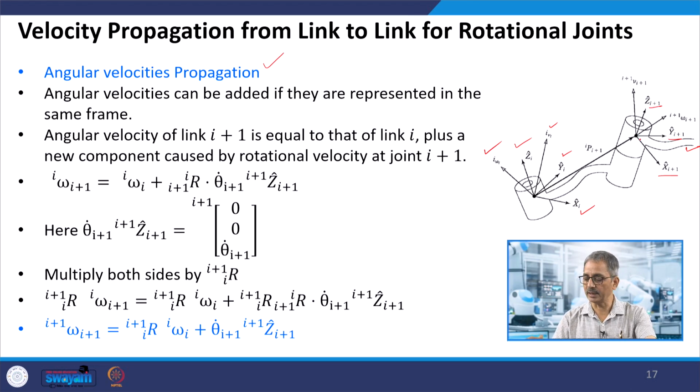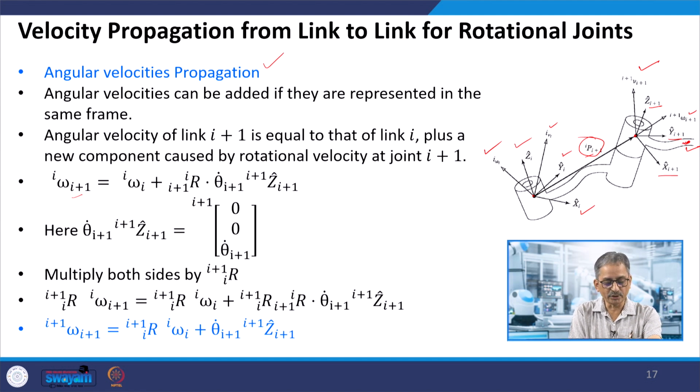These are the translational velocity of the origin of this frame, and this is the angular velocity of this link. And the origin of this i plus 1 frame with respect to ith frame is given by this vector. So, what is the angular velocity of link I plus 1?